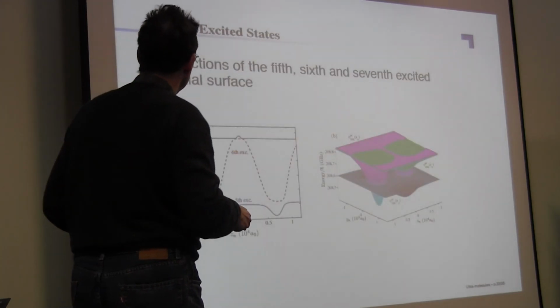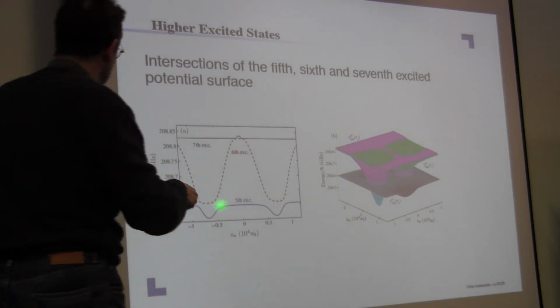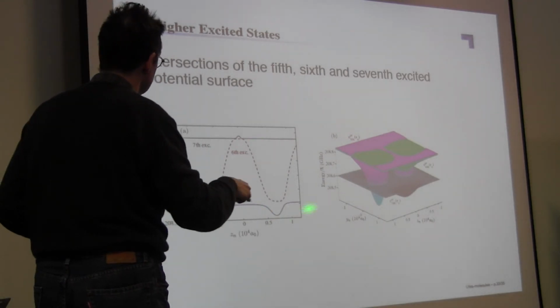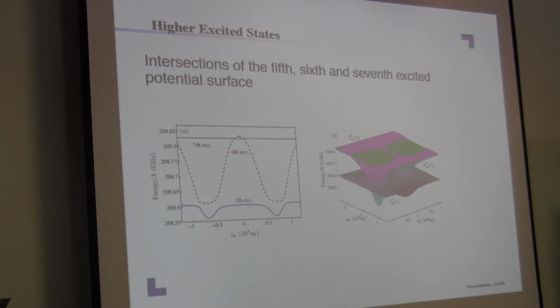If you look at it from an intersectional point of view, you see intersecting 3-dimensional surfaces, and this is a 1-dimensional intersection, so you see how the 7th, 6th, and 5th excited states intersect with each other or show avoided crossings and deform each other's topology of the potential energy surfaces.